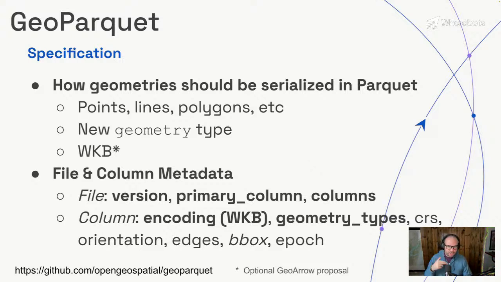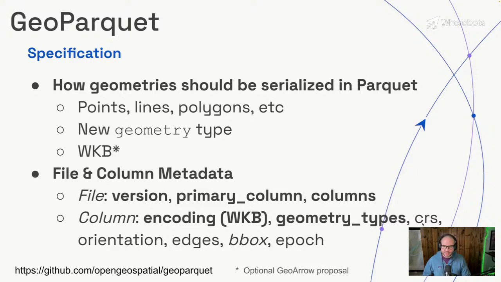And then for each column, specifying what's the encoding. Currently, well-known binary is the only option for the encoding, and then the geometry types. So we can mix points, lines, and polygons all within one column, but specify which ones we have available. So those are the required pieces of metadata. The other ones are optional.